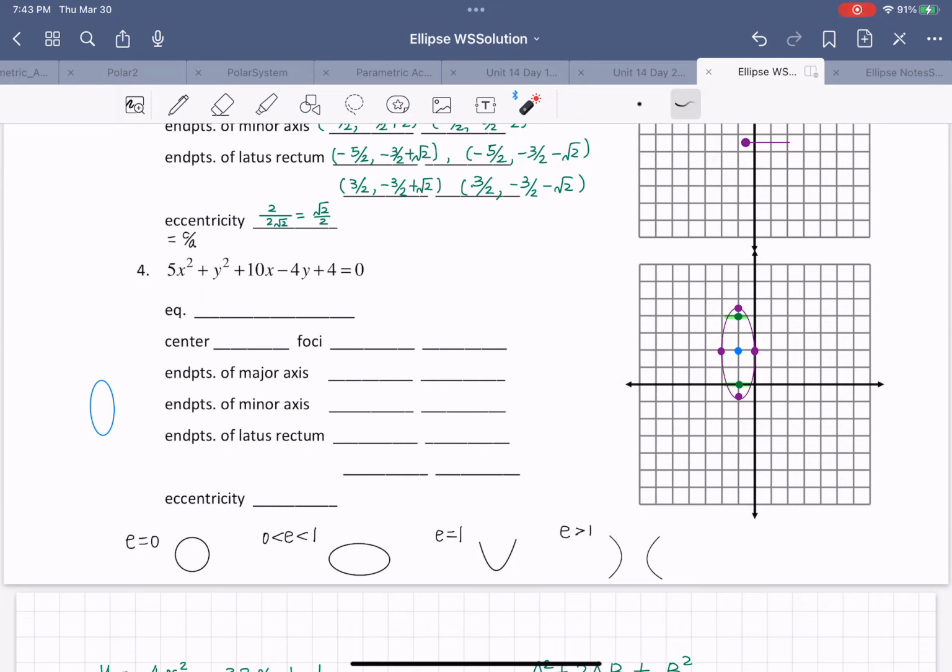Claire, double check your first step. This 4 moved to the other side is negative 4. This is positive 4. Moved to the other side is negative 4. Double check your work.